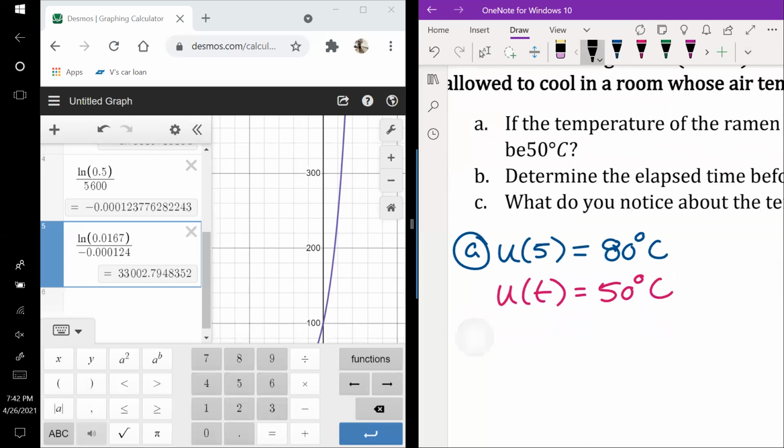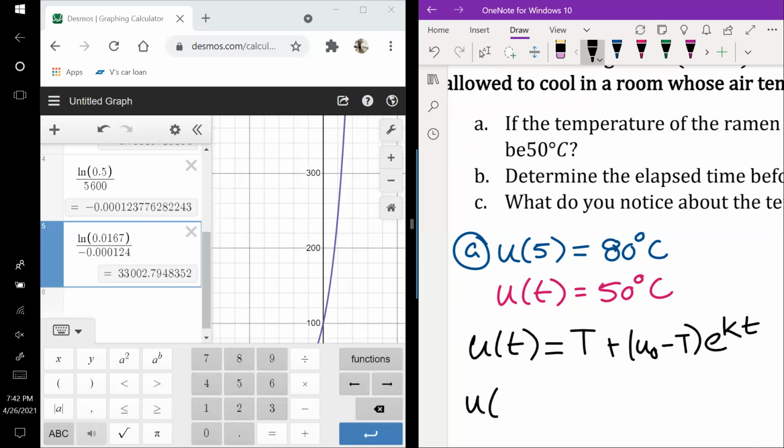So our equation is U of t is equal to the room temperature. It says that the ramen is allowed to cool in a room whose air temperature is 30 degrees. So remember, here I'll just rewrite the formula: T plus (U initial minus T) times e to the kt.